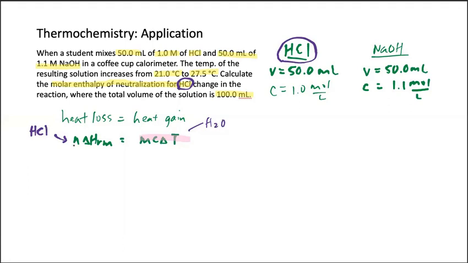So the n, the moles in here, automatically we know that it has to be HCl, the moles of HCl. And how do we find that? Well, we can go 50 mL, change it into liters, 1,000 mL, and then 1 mole per liter.